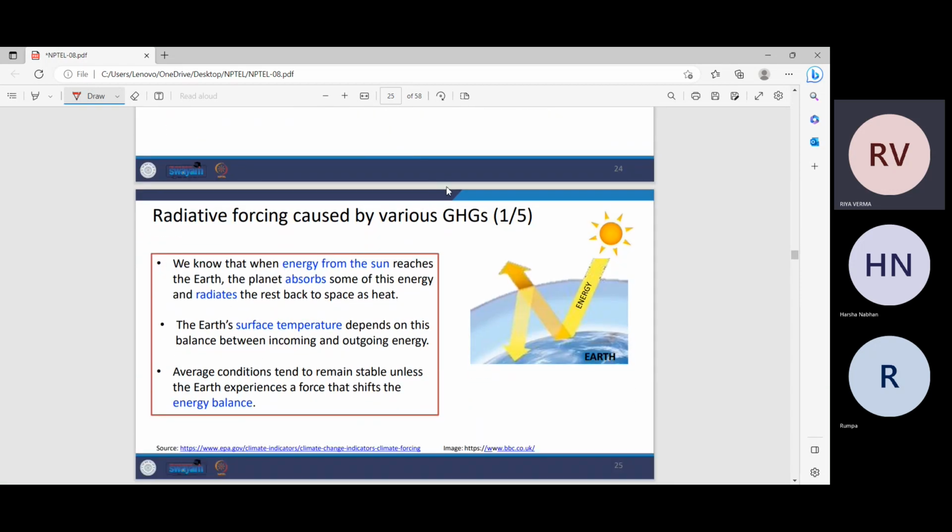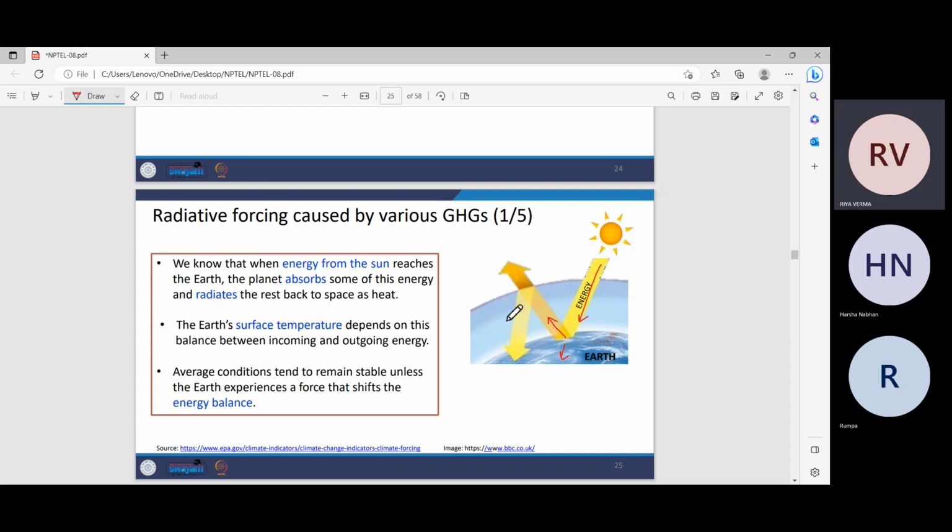So what is radiative forcing? Basically, we know that when energy from the sun reaches the earth, some amount of it is absorbed and some is reflected back into the atmosphere in the form of heat.